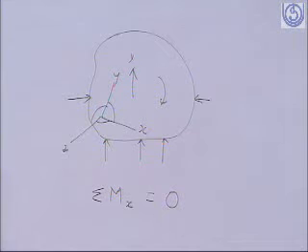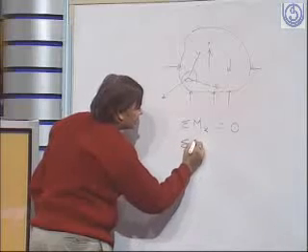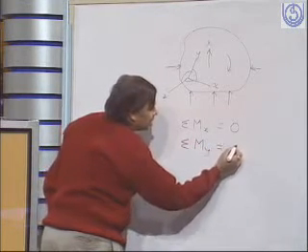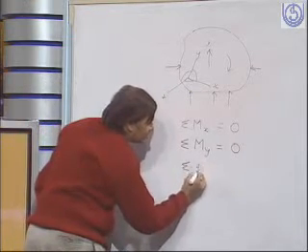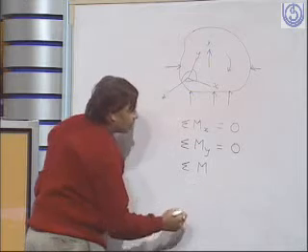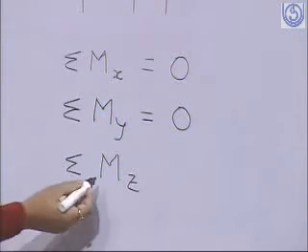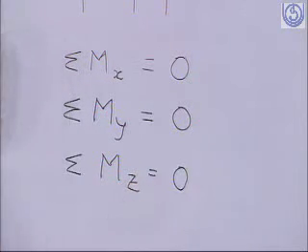Similarly, the sum of moments about the y-axis should also be equal to 0, and the sum of the moments of all the external forces about the z-axis should also be equal to 0.